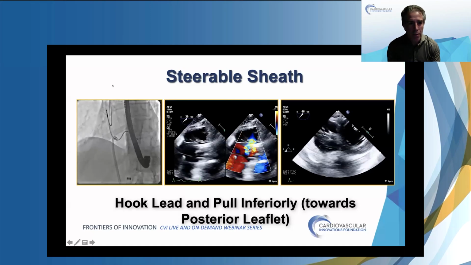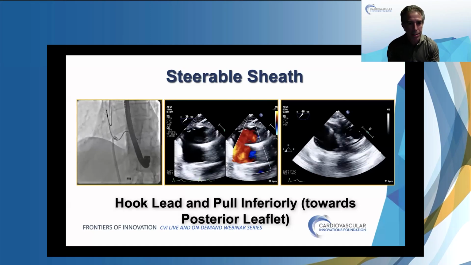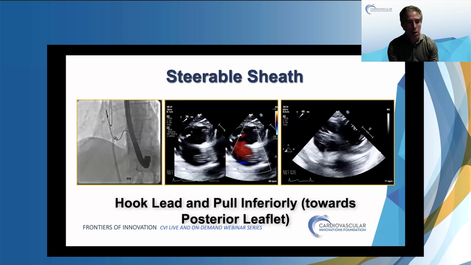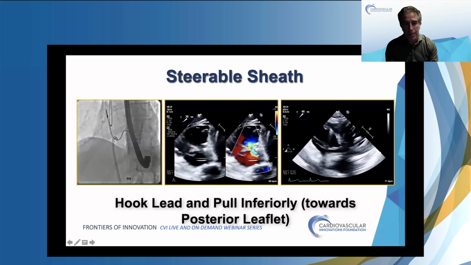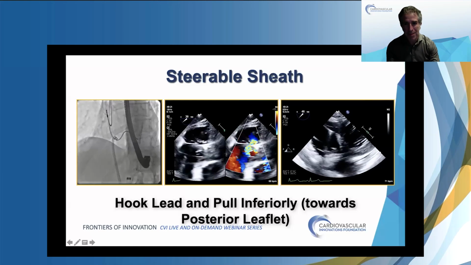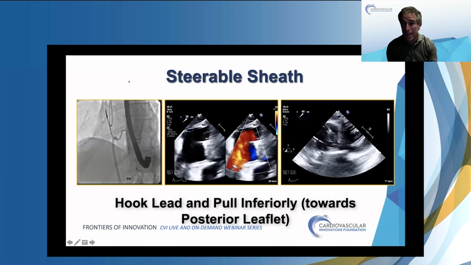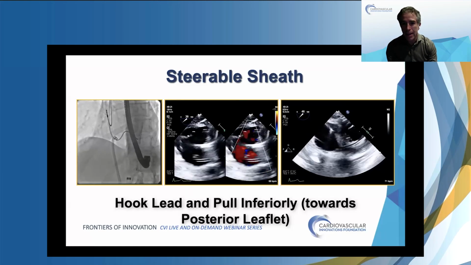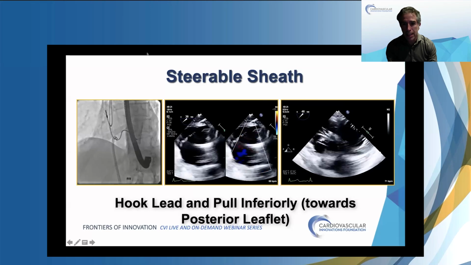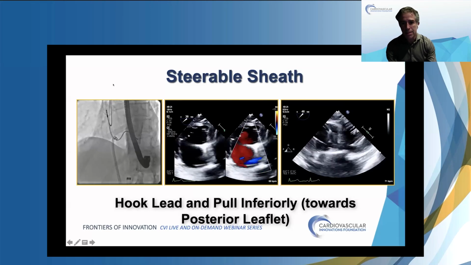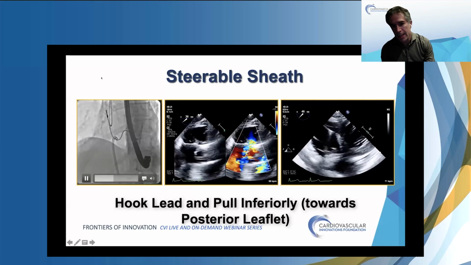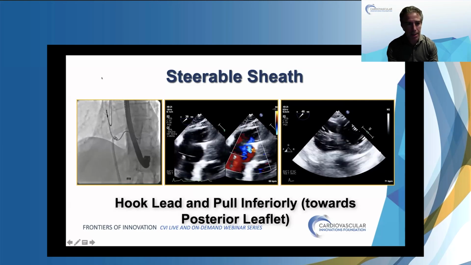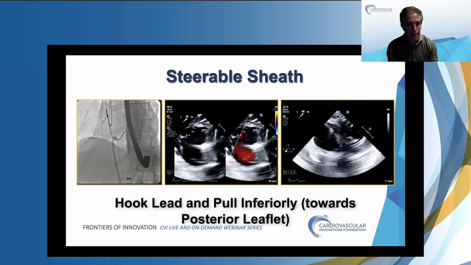So this is before pulling away, which is in the middle, and then when we've pulled the lead down inferiorly, which is posteriorly for the tricuspid valve, you see the lead moves quite a bit, doesn't it? And in the transgastric, you now see the septal leaflet. It's not perfect. Part of it has to do with the quality of the recording here, but now you begin to see the septal leaflet. Next slide here.